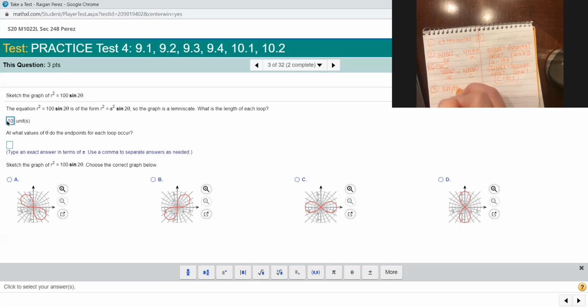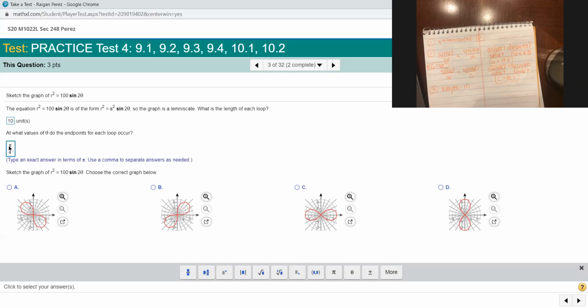Just writing this down so when we go back to check, I know what we did. What values of theta do the endpoints for each loop occur? Well, because it's sine, the endpoints happen at pi over 4 and 5 pi over 4. Okay, sketch the graph. So I need the one that goes to 10 and it happens at 5 pi over 4.